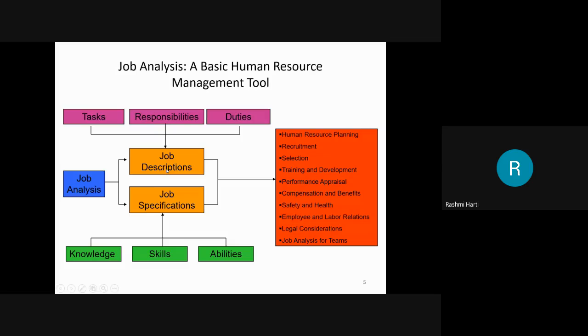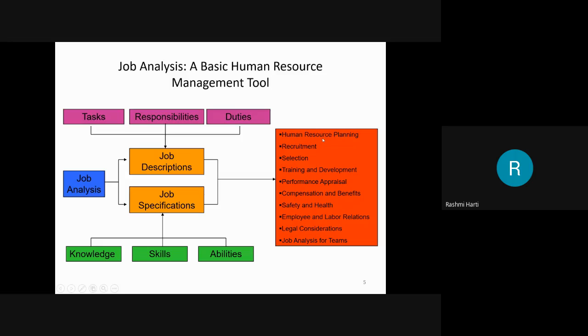Job specification is the knowledge, skill, and ability required for a particular job. Both put together are called job analysis. This job analysis is a base for human resource planning.